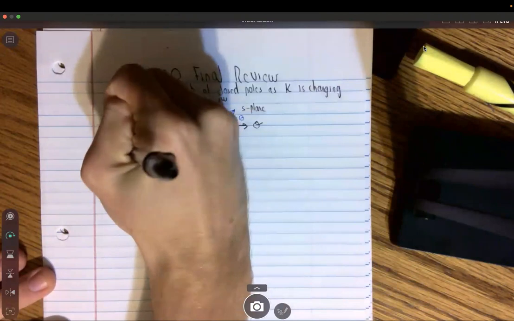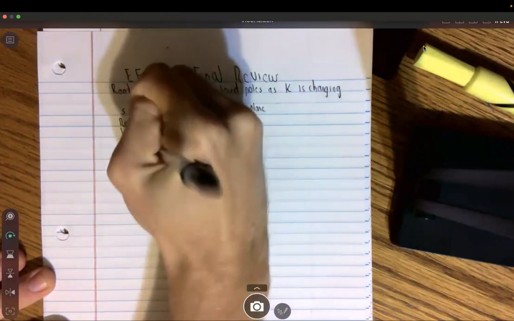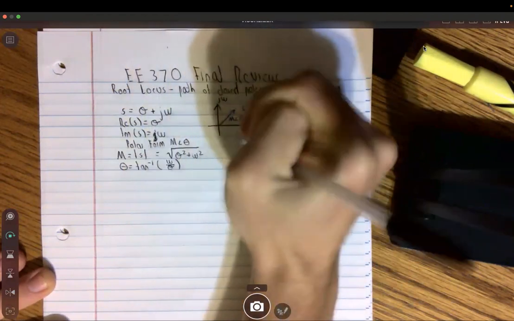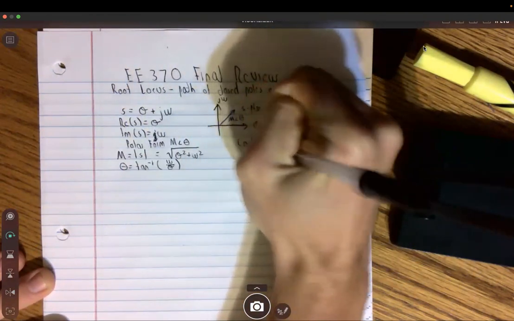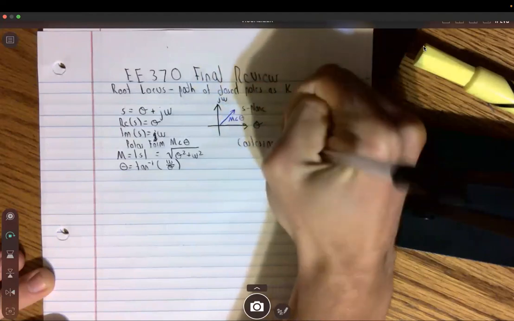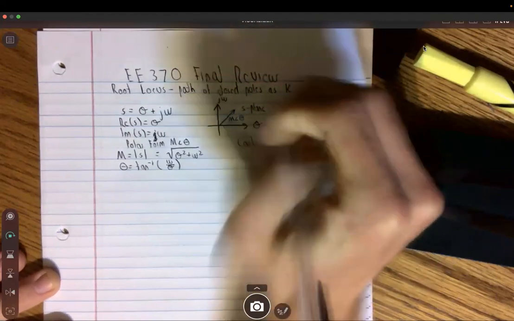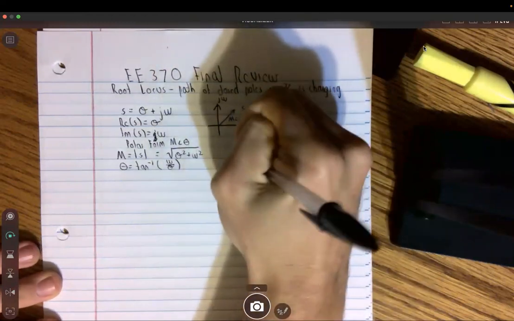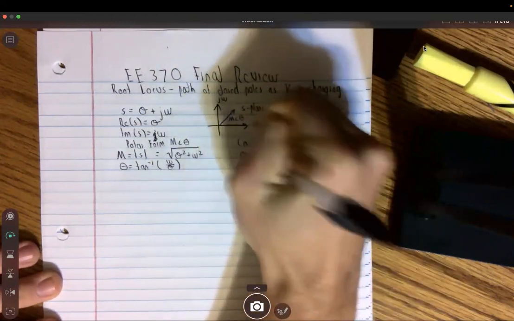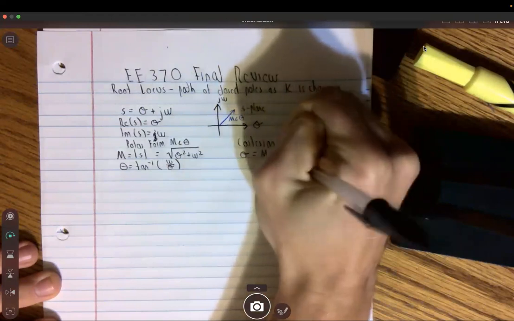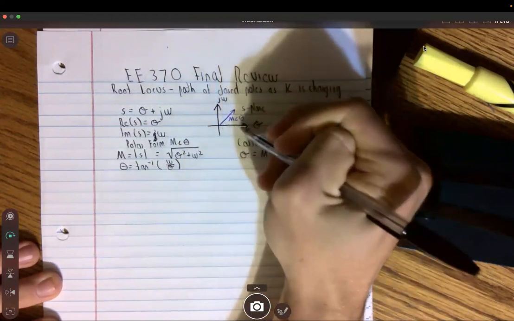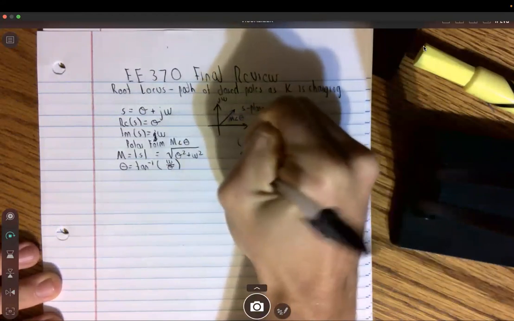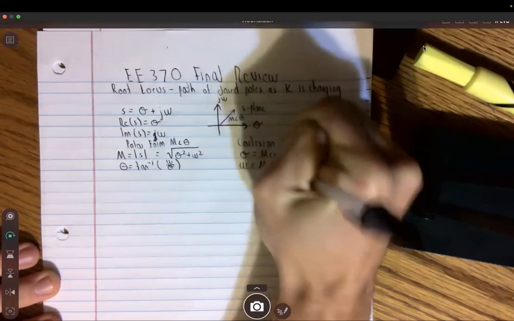If you want to go from the polar form, which is the m with a phase angle of theta, to the Cartesian form, the Cartesian form is what's along your real and what's along your imaginary. How much is along the real part would be m cosine of theta, so how much is along the x-axis, where your imaginary part, which is the omega, is going to be m sine of theta.